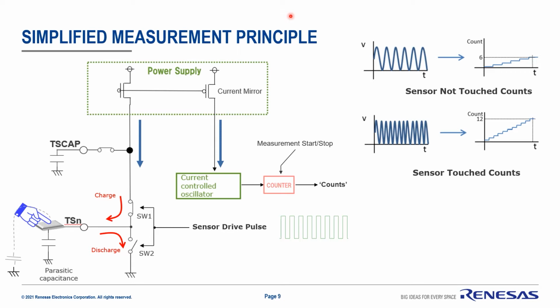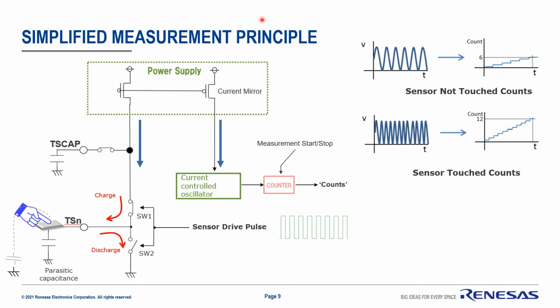Next, as this switch cycles, it results in a draw of current from the power supply. At the same time, the amount of current supplied to charge the sensor is mirrored as an input of a current control oscillator.